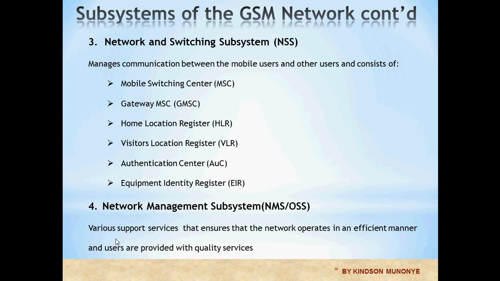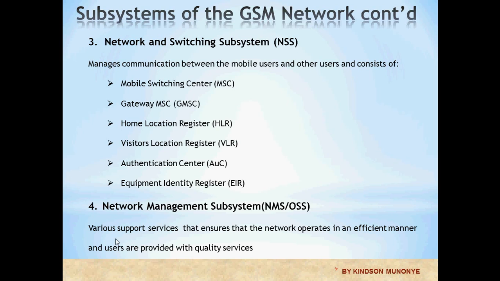It's made up of the mobile switching center, the MSC, the most prominent part of the network and switching subsystem. Then we have a gateway MSC for connecting with other networks outside the GSM. We have the home location register, a database; the visitor location register, also a database; the authentication center for handling authentication; and the equipment identity register, a database of equipment, mainly mobile equipment.